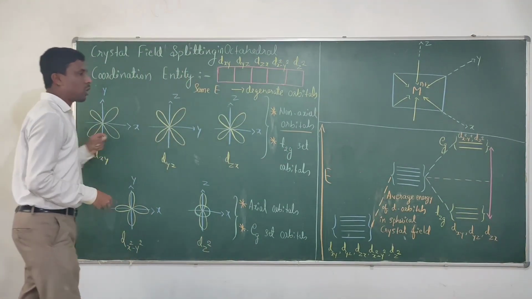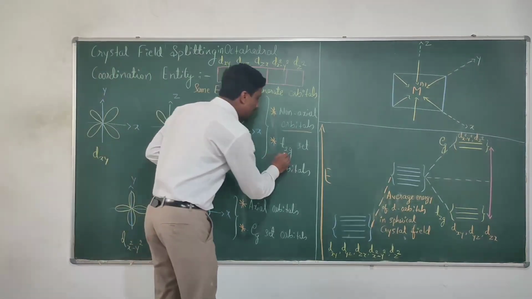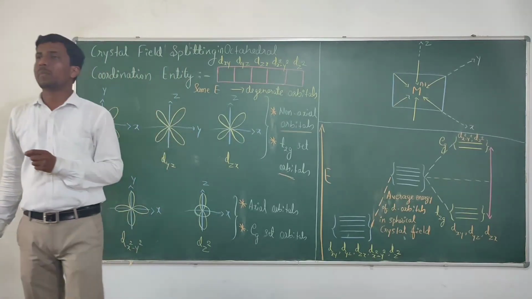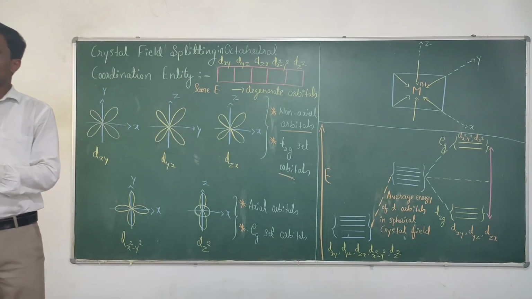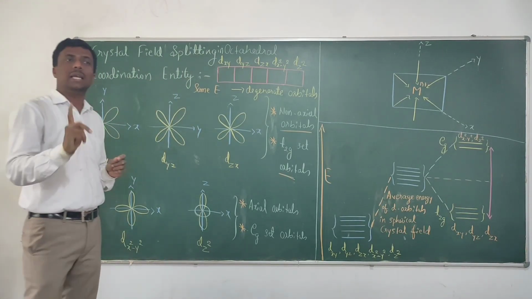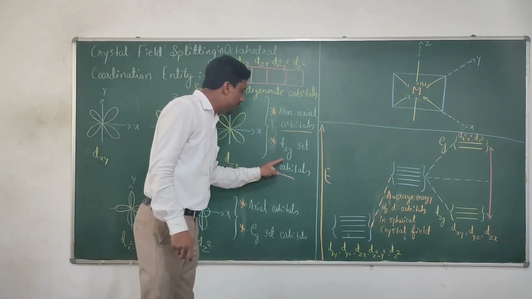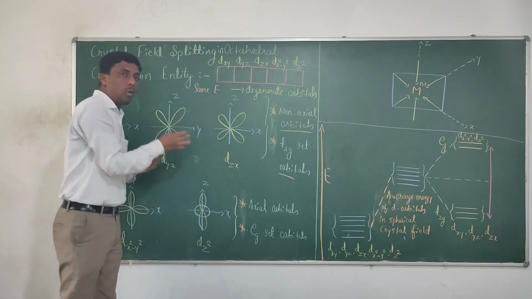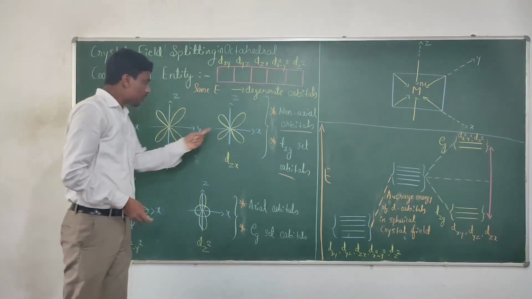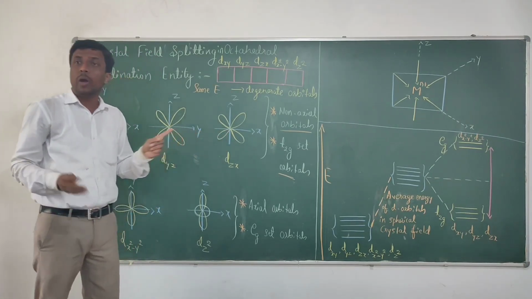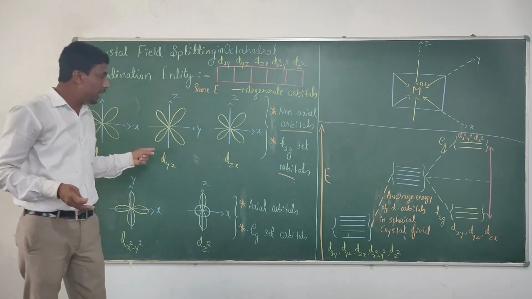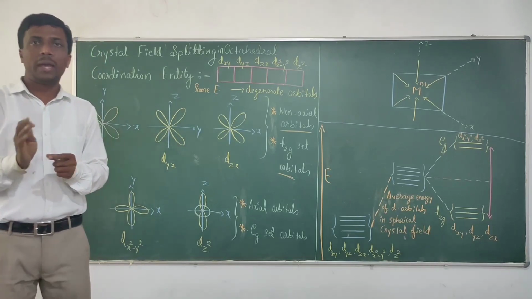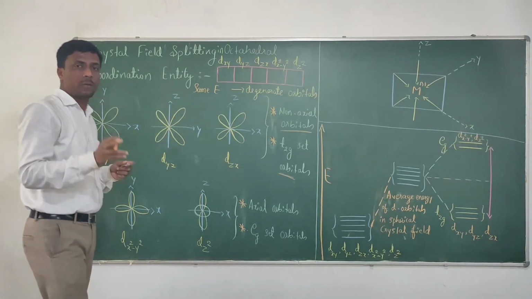These 3 are called non-axial orbitals and they are called the T2g set of orbitals. Please remember, for these 3 d orbitals, the lobes are present in between the axes.